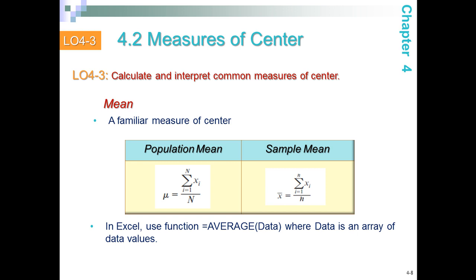One thing you should notice about this measure of center, the mean, is that every single observation has the same weight. So this summation here means that x bar is equal to x1 plus x2 plus up to xn, all of that divided by n.